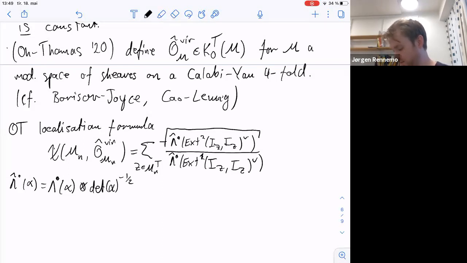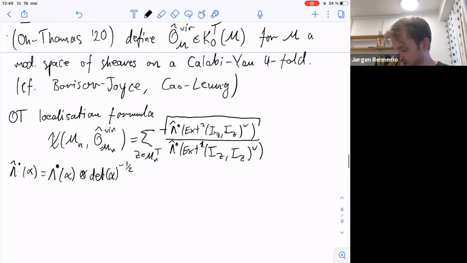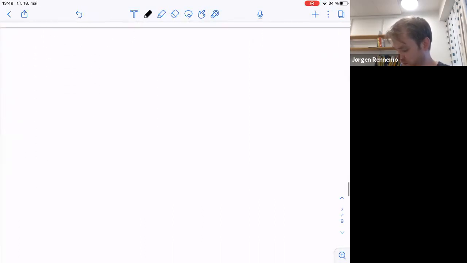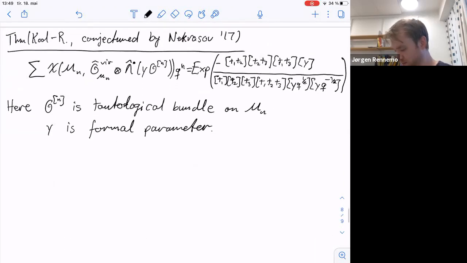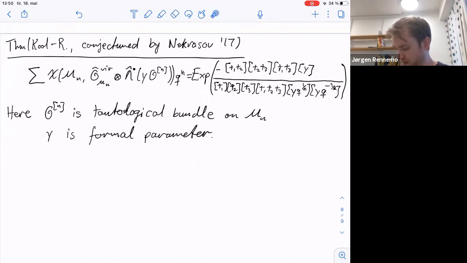So this is again something which is explicitly computable, just as we have in the 3D case. And if you run the explicit computation, you get the following formula. Now, the formula isn't really computing the thing I wrote down in the localization formula. We're not computing just the Euler characteristic of these bare classes.